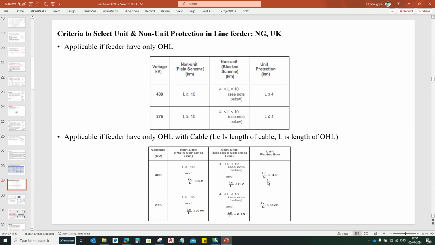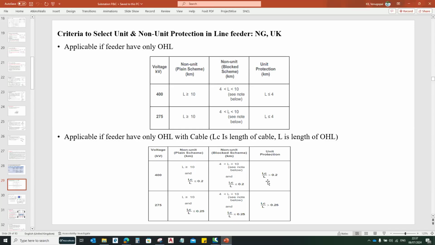And also, the cable length is considered when it is part of the transmission line. For example, if you consider two substations with the total distance as 100%, 80% is covered by the overhead line (OHL) and 20% is covered with cable.